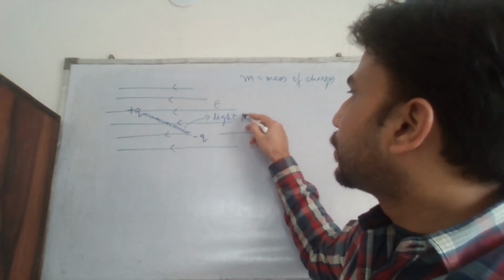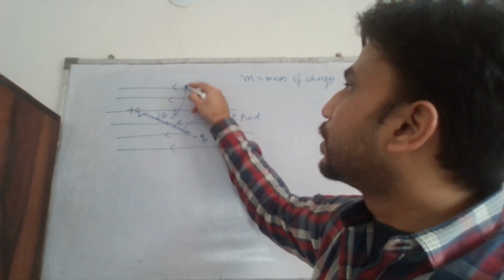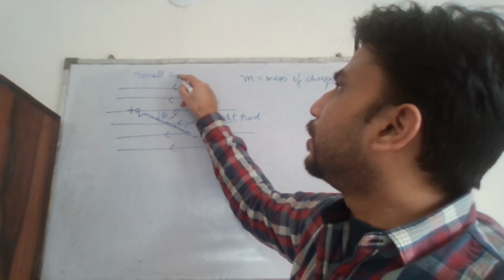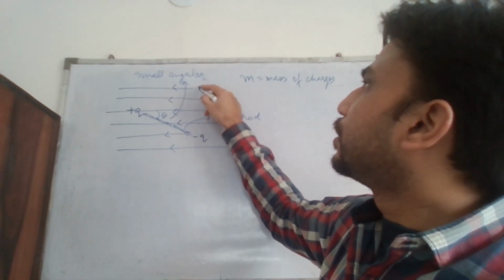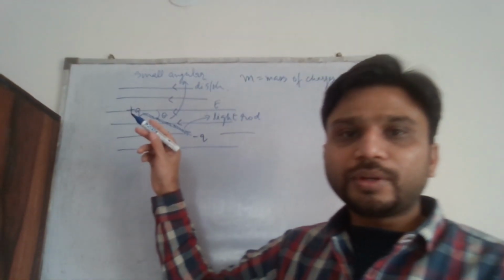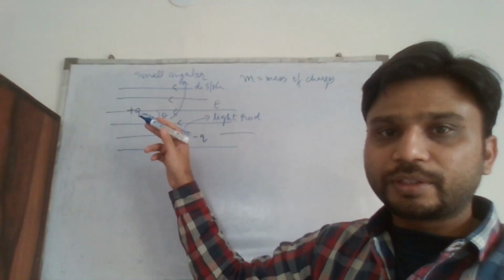Light rod, given some small angular displacement. So we will give a small angular displacement to this rod from its initial equilibrium position.